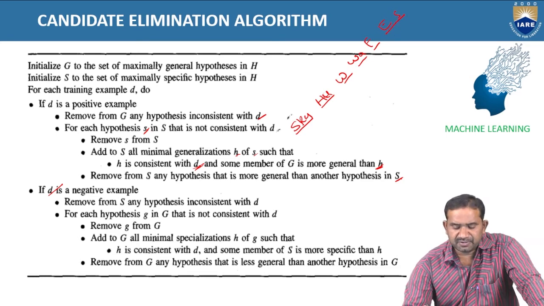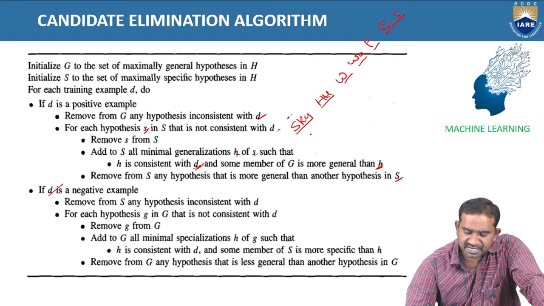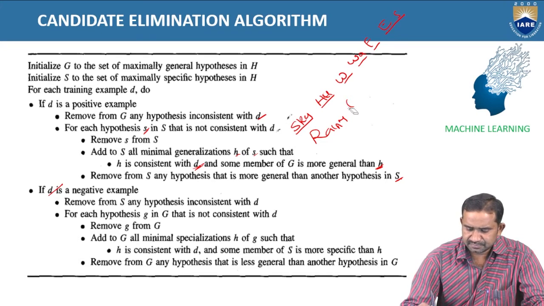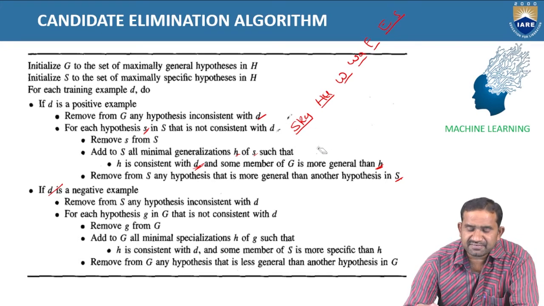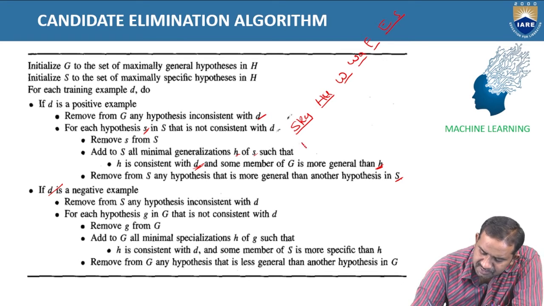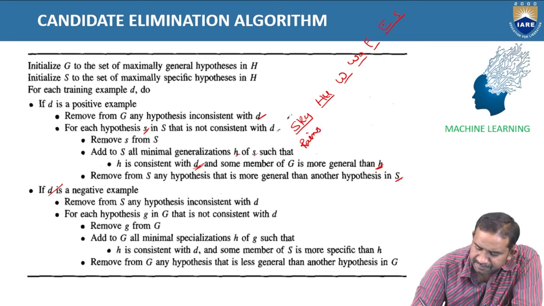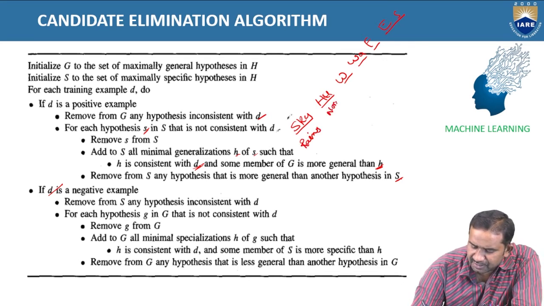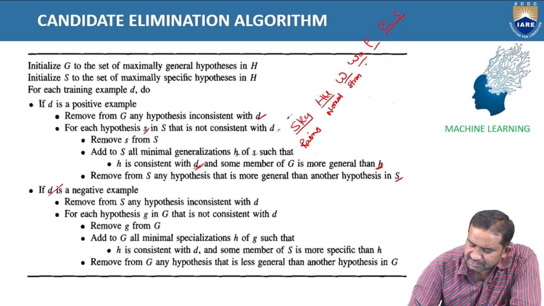For example, we can take sky as rainy. Sky attribute value is rainy, humidity is normal, wind is strong, water is cool, and forecast is change.